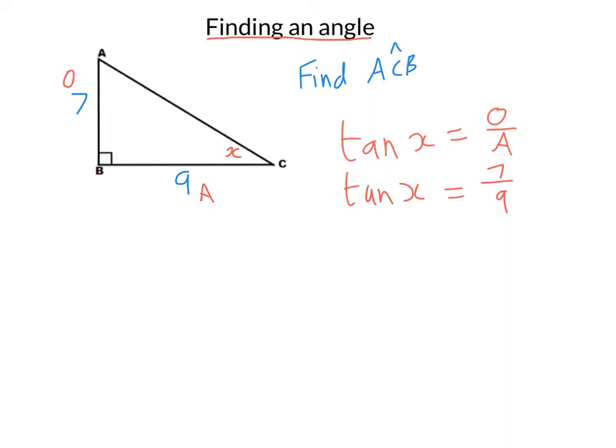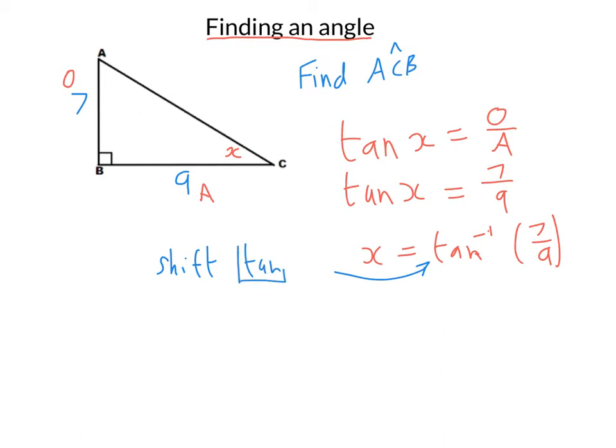So what we do is we write down that X is the tan inverse, which is undoing or reversing what the function did in the first place, of 7/9. On your calculator, you will have to hit the shift button, and then the tan button, and above it you should see tan inverse.